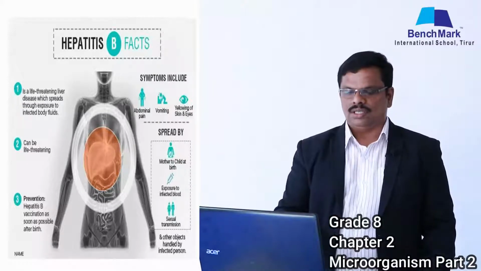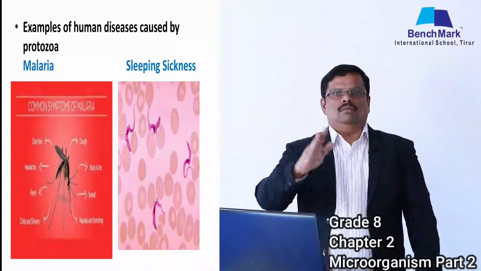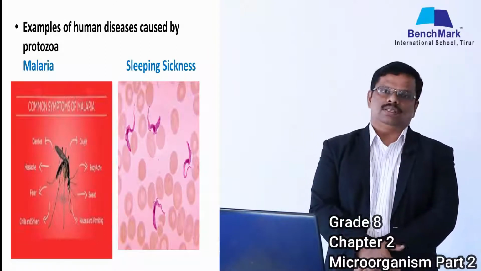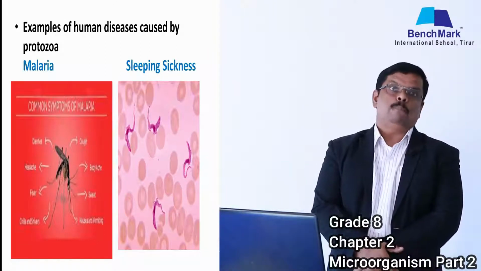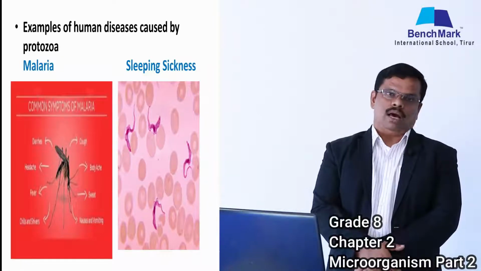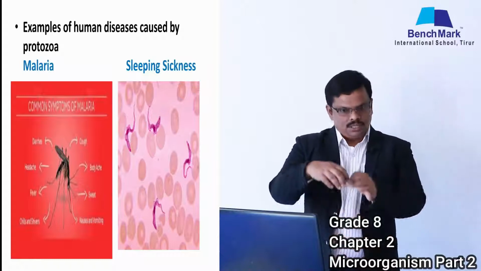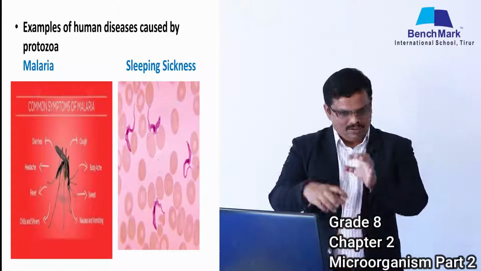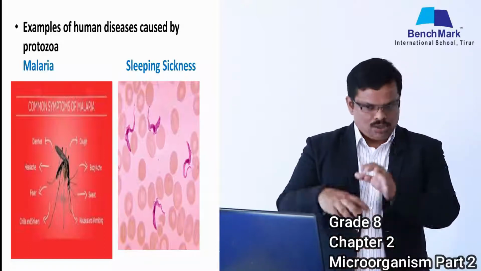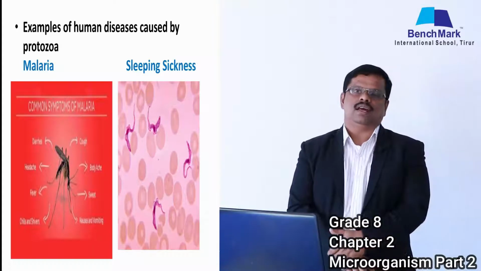So, this is there. Now, the next thing we have to discuss is some other examples of human disease caused by protozoa. Again, let me remind you, in grade 12, you have to observe through a slide an infected blood sample of a person suffering from malaria, and you have to find the protozoa in that.